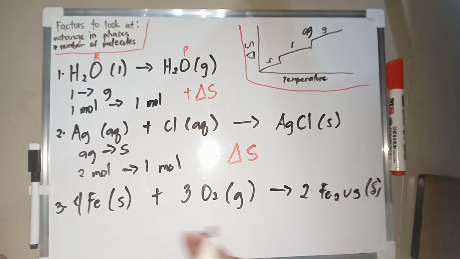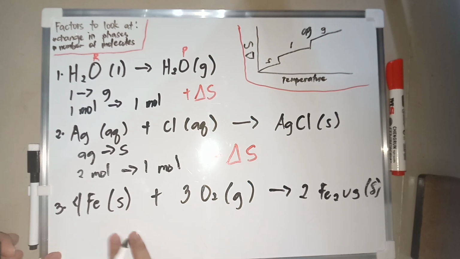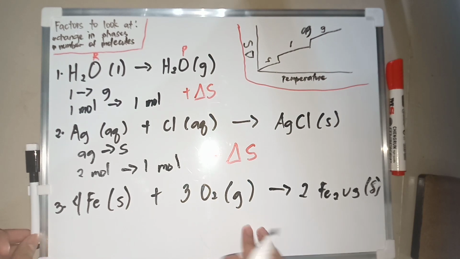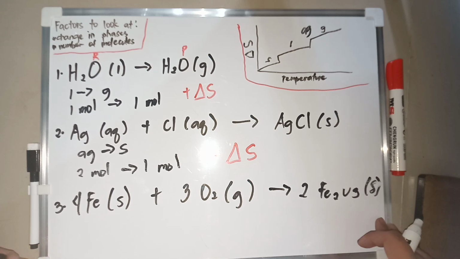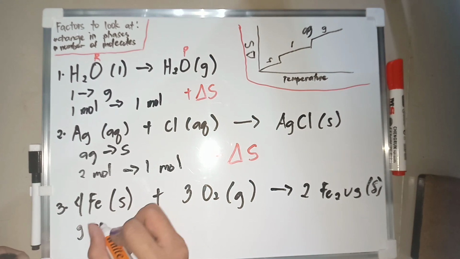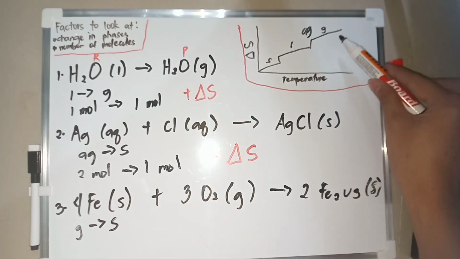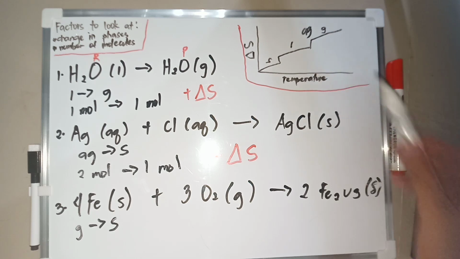So in our reactant we have gas, and in our product we only have solid. So we're going from gas to solid, which means that it will decrease in entropy.